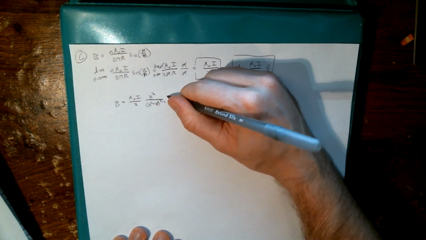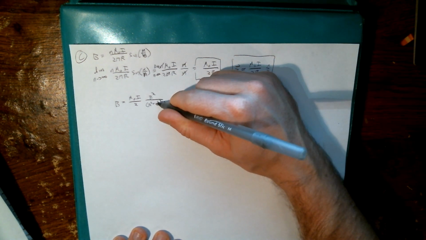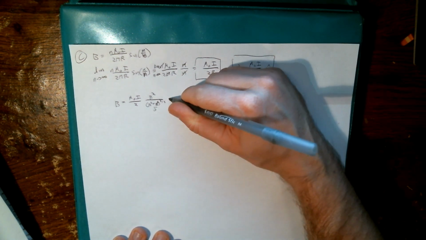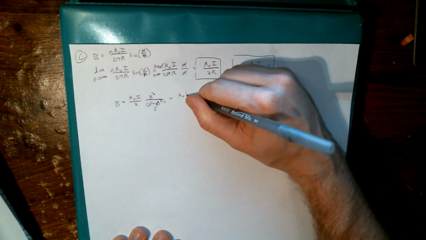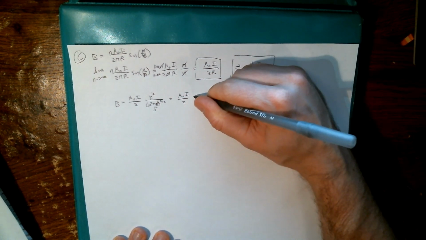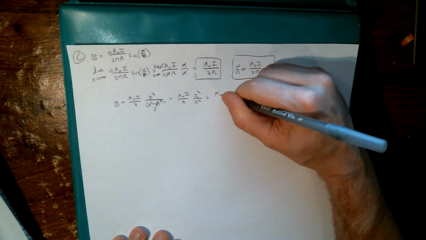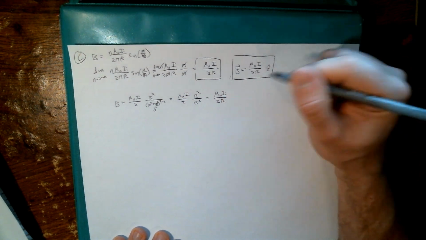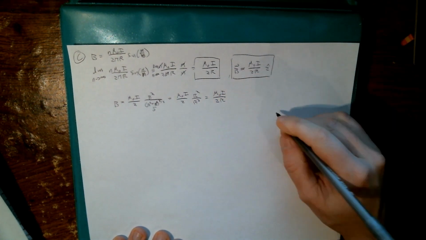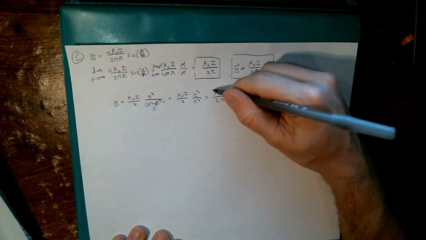And because we're at the center of the loop, no z elevation, our z is equal to 0. And we get that mu naught I over 2 times r squared over r cubed equals mu naught I over 2r, the same expression. All right, that's our solution. And thank you for watching.